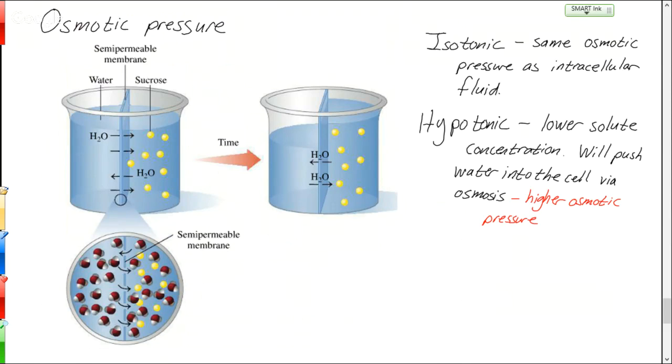Because it's pushing water into the cell. So a lower ion concentration, and we're used to that term hypo meaning lower, so it's a lower ion concentration, but that's causing the water to push into the cell, so it's causing an increase, a higher osmotic pressure.